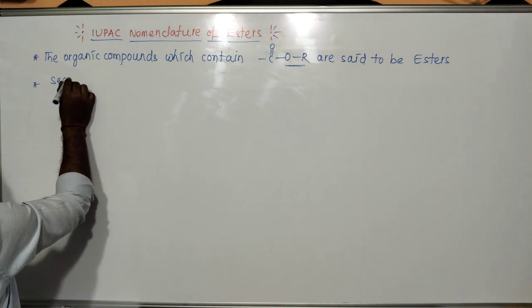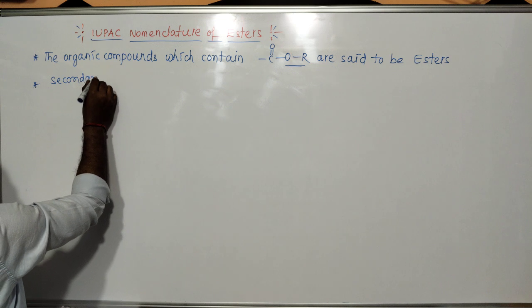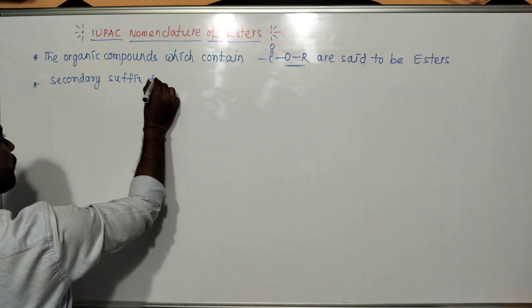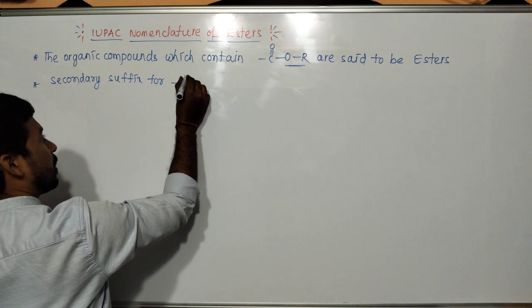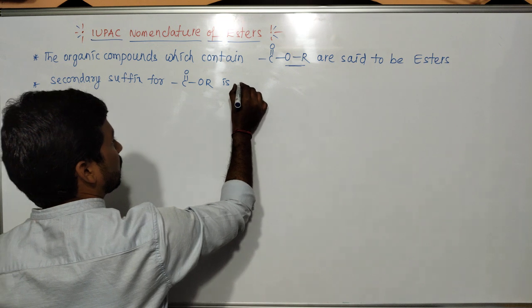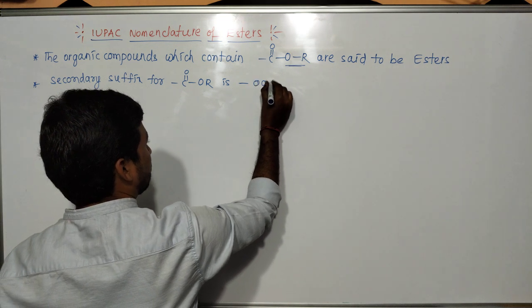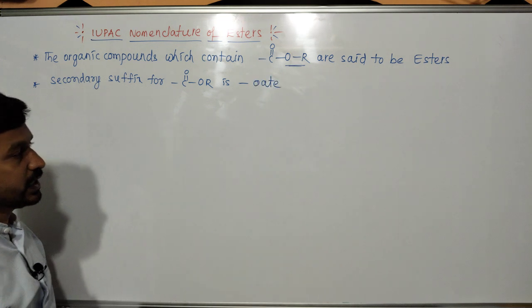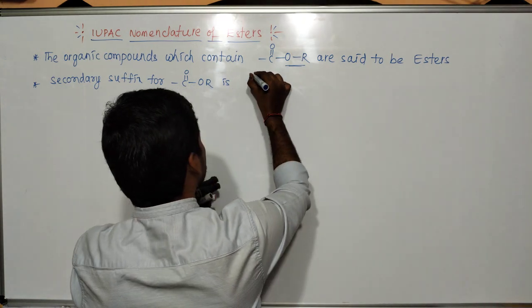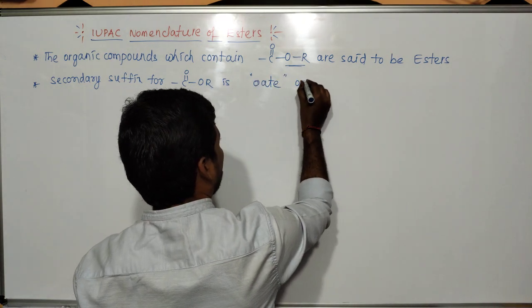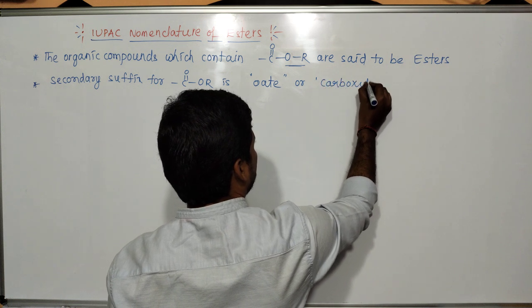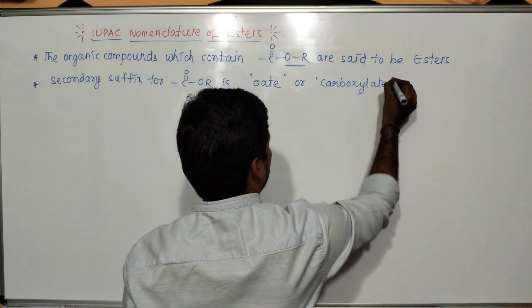The secondary suffix for COOR is oate, or carboxylate. Oate or carboxylate, both are useful.